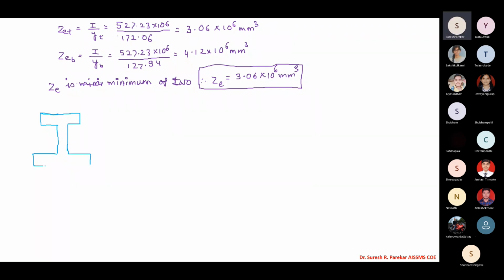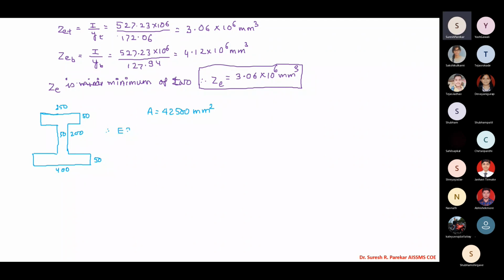So equal area axis or plastic neutral axis. What is total area? We have A equal to 42500, which we have already calculated. In the y bar denominator we had deliberately taken it separately.